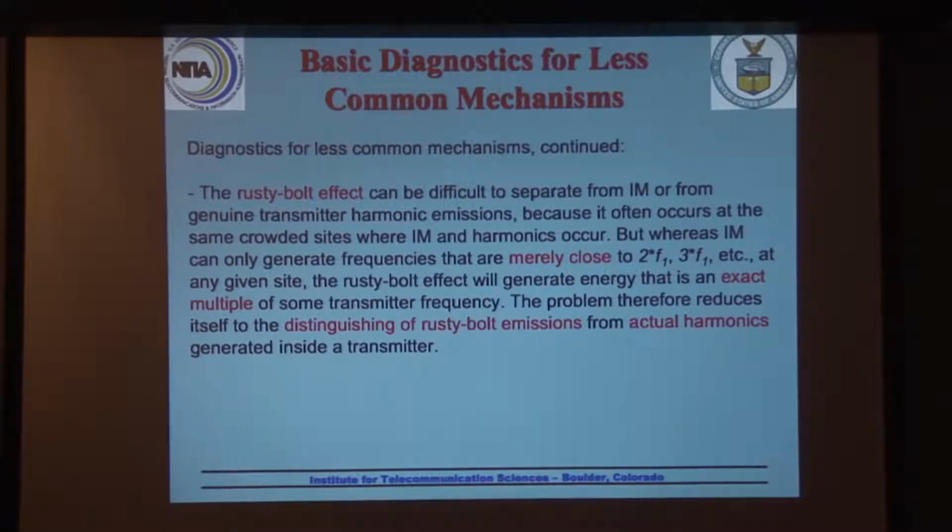And in fact, one way to distinguish between them is that whereas intermod can only generate frequencies that are close to 2 times F1, 3 times F1, and so forth, the rusty bolt effect really will generate energy that's an exact multiple of some transmitter frequency. We'll see a case history, too, here where there was another clue to the rusty bolt effect related to this issue.